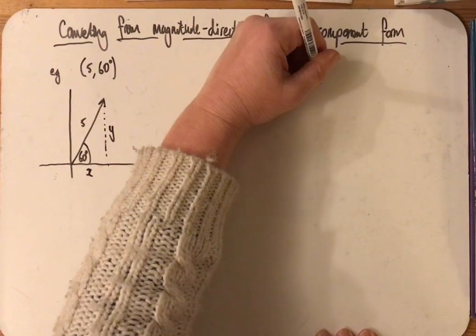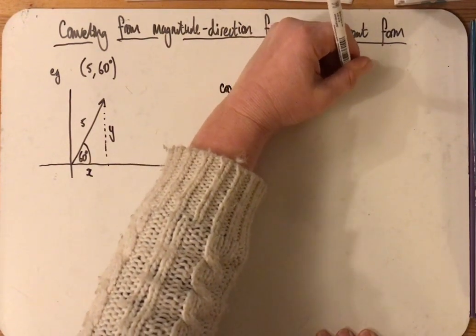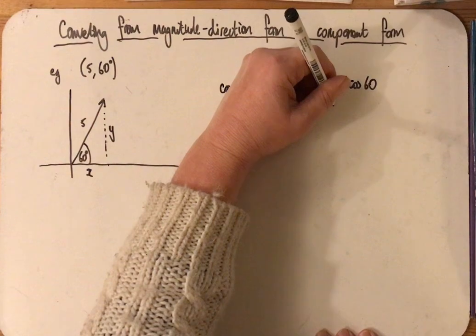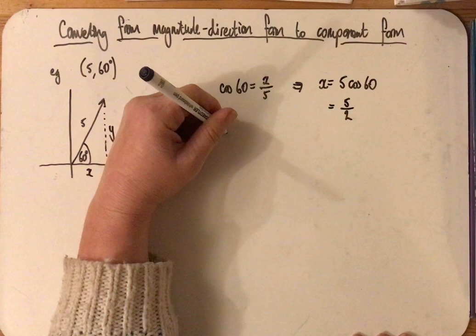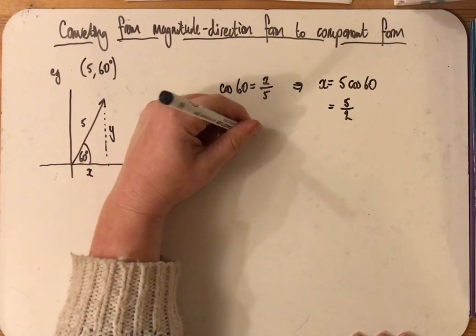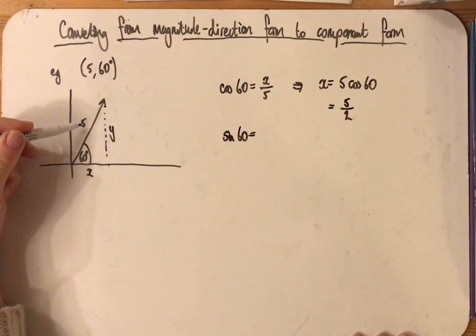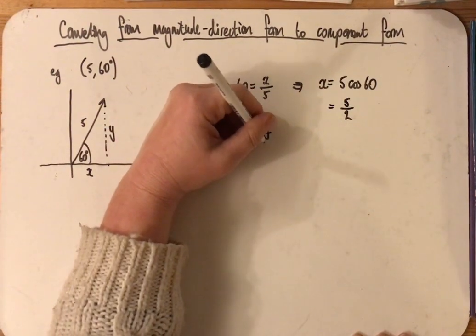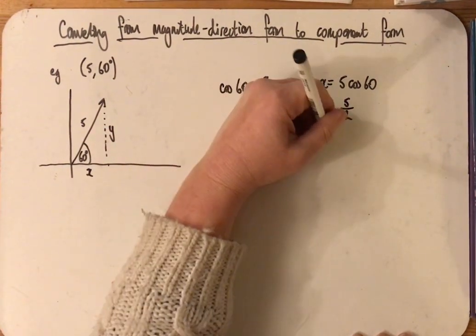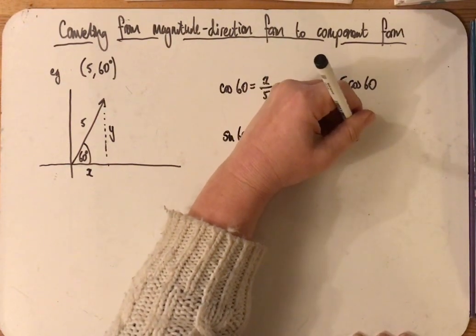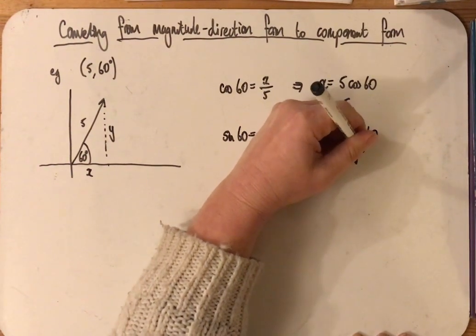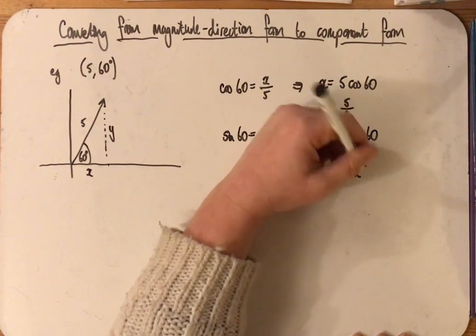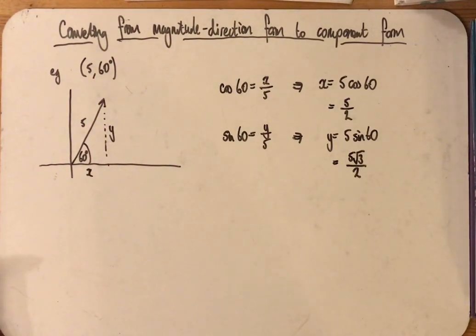And so x is equal to 5 cos 60, and you could just put that into a calculator, and that gives you 5 over 2. And then sine of 60 is equal to opposite over hypotenuse, and so y is equal to 5 sine of 60, which is equal to 5 root 3 over 2. We're working in exact form a bit more now because we're not quite in applied maths territory at the moment.